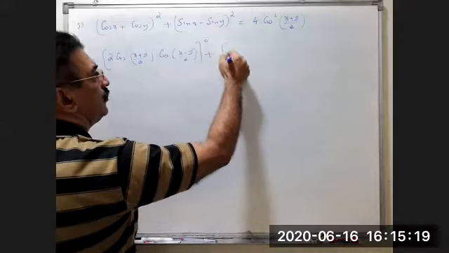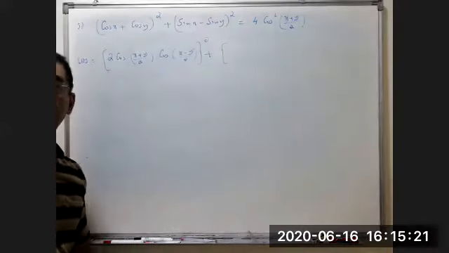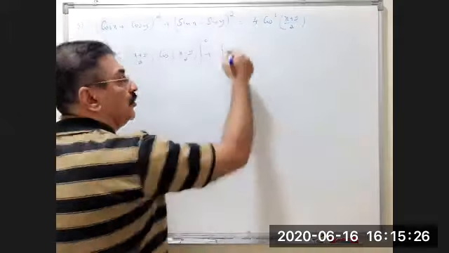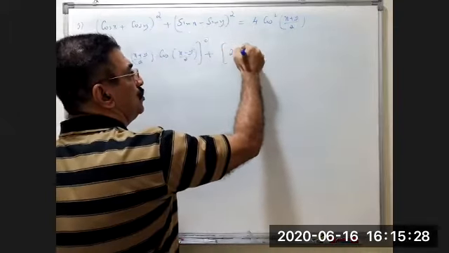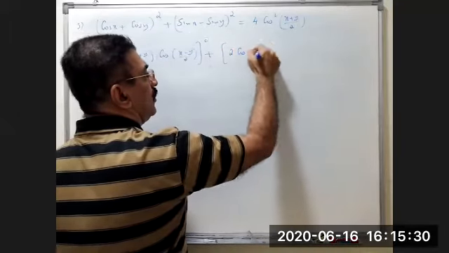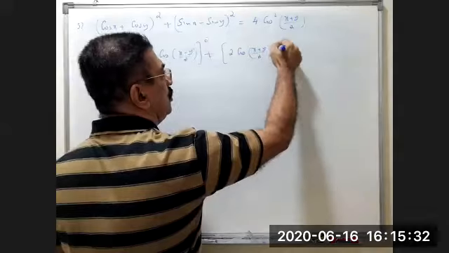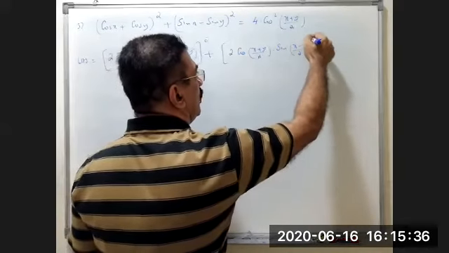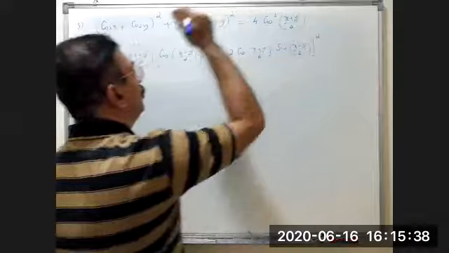Plus sin x minus sin y the whole square. Sin x minus sin y the whole square is 2 cos x plus y by 2 into sin x minus y by 2, the whole square of it.